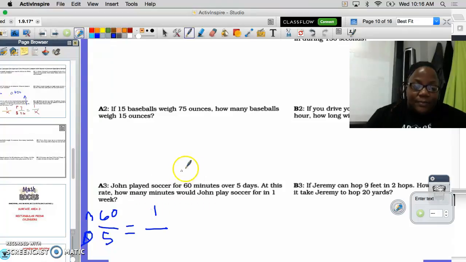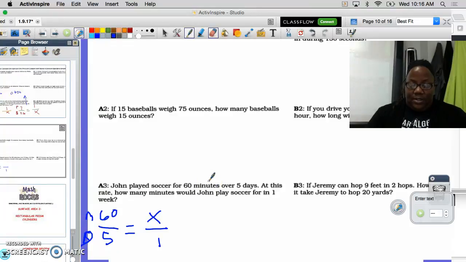So one day, and how many minutes per day. So cross multiply divide, and you end up with 60 divided by 5. You have 12. So X here equals 12.